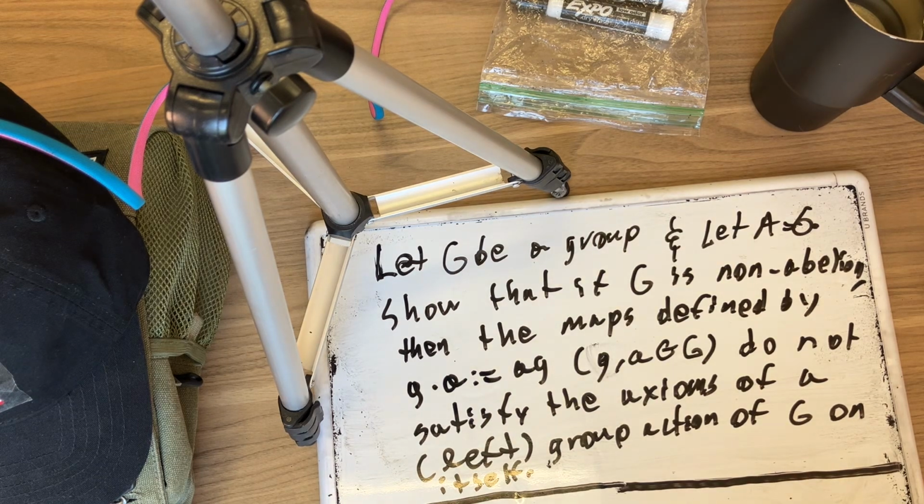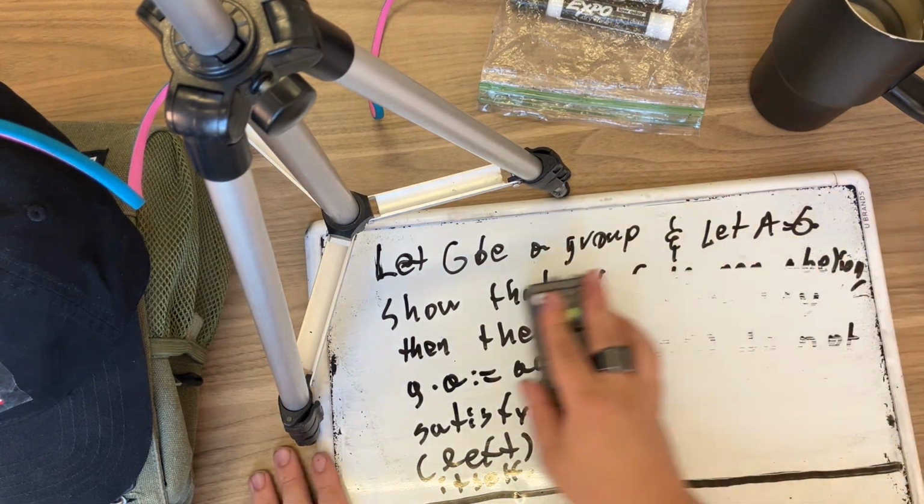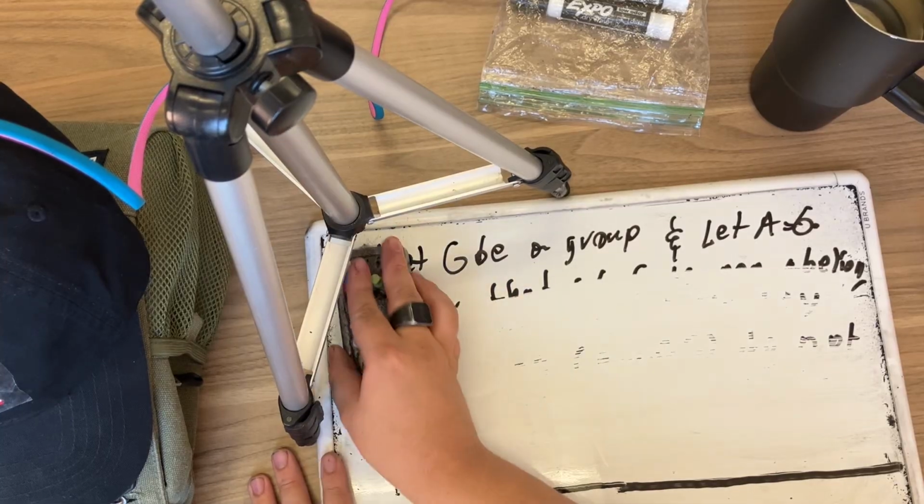These agree for all a precisely when g sub 1 and g sub 2 commute. Now, if G is not abelian, we can pick g sub 1, g sub 2 with g sub 1 g sub 2 not equal to g sub 2 g sub 1, and the axiom fails. So that's the intuition. Now let's get into looking at this a bit more rigorously, right?